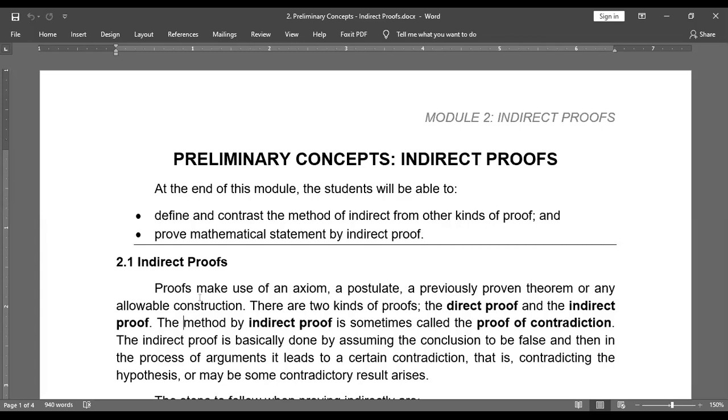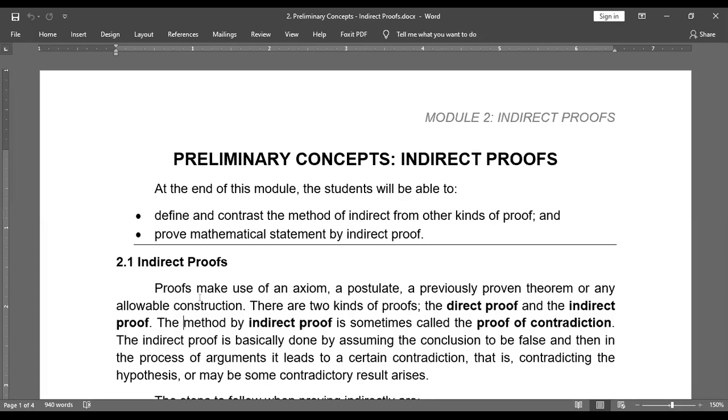Then, in the process of arguments, it leads to a certain contradiction, that is, contradicting the hypothesis, or some other contradictory result arises. So, recall in direct proof, we assume that our hypothesis is true.